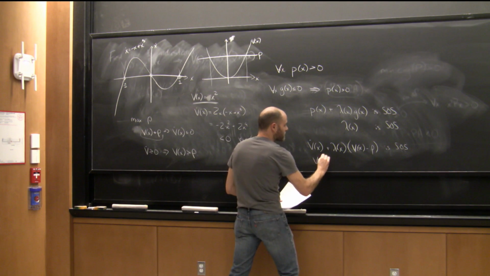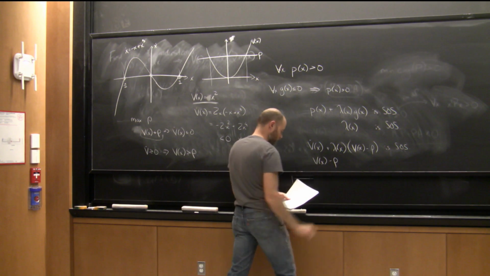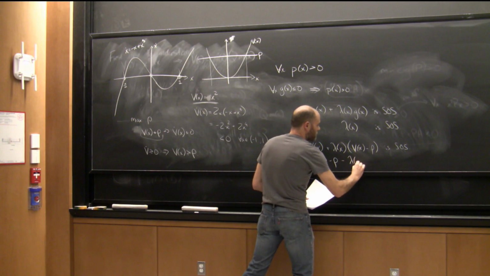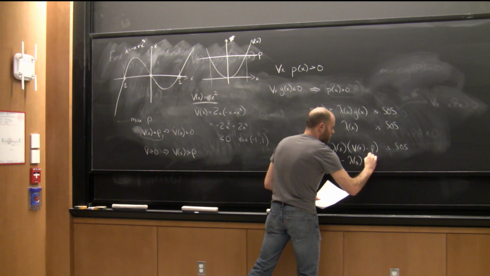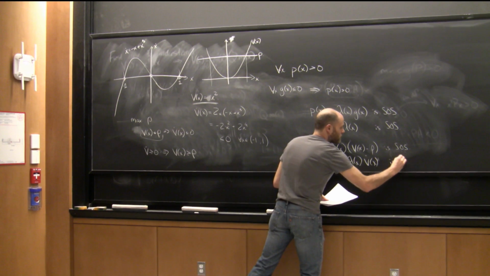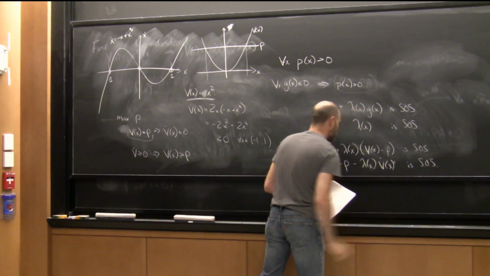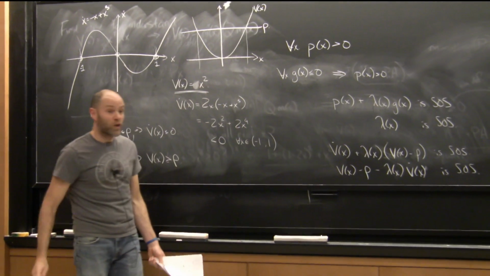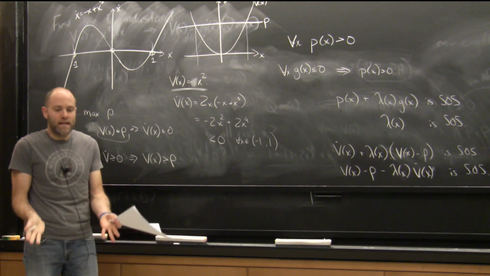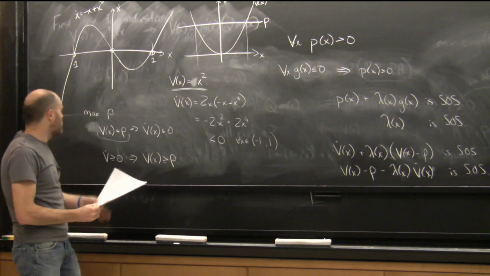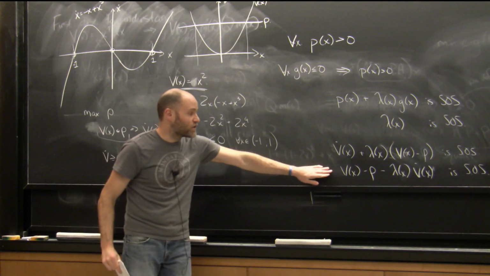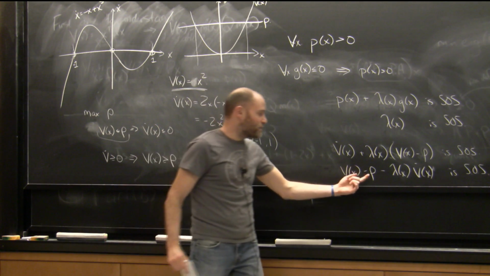Now I get v of x minus rho minus lambda times v dot of x is sums of squares. So you can ask, what's the biggest rho, maximize rho subject to this condition? And it has to find a bunch of things.